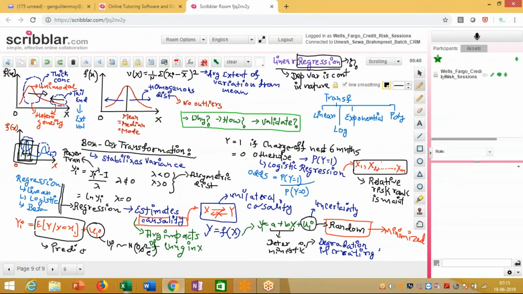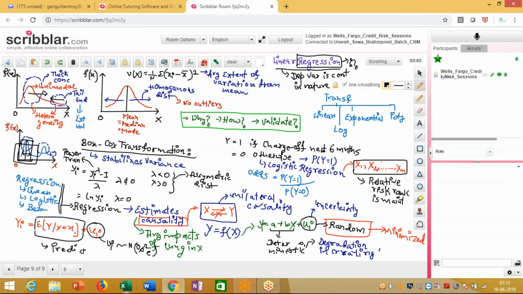Now why is this a normal distribution with mean 0 and a constant variance? How do I relate it to being a random series? Because this is an important interview question. They ask: you say that ui is normally distributed, and you are saying that ui should be random.